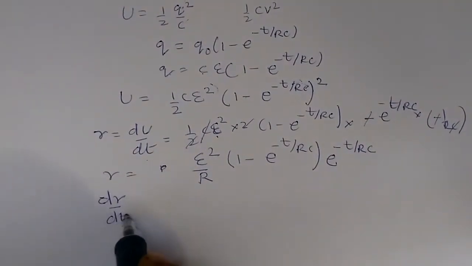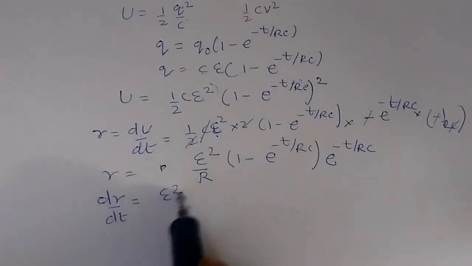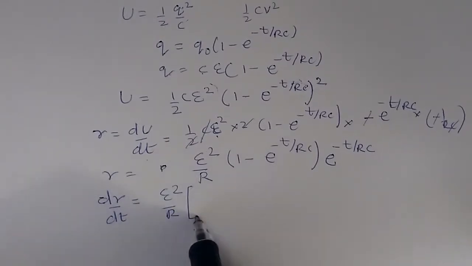to 0. dR by dt will be equal to this constant term E squared by R and its differentiation.